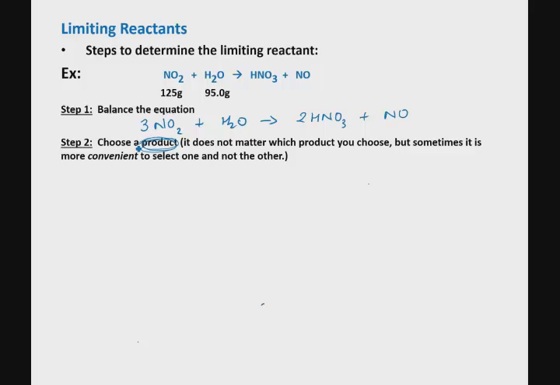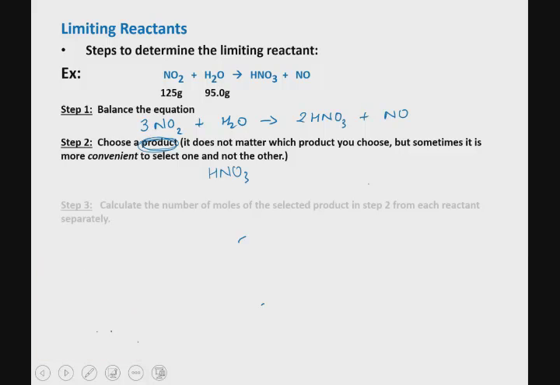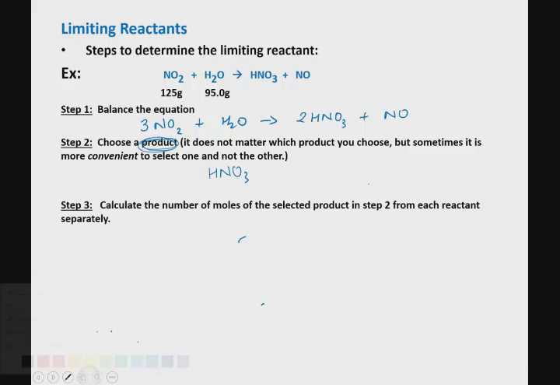Okay, so let's select a product in this case, and randomly I'm selecting nitric acid. There is no reason, it's just because. The next step after you've selected a product that you're going to work with is for you to calculate the number of moles of this selected product that we can get from each of the two reactants separately.